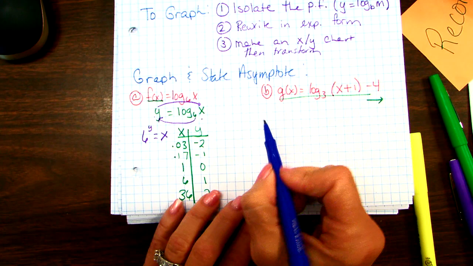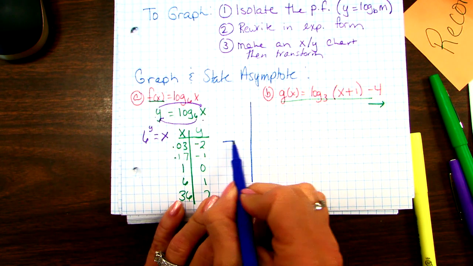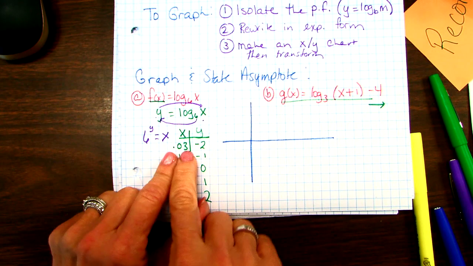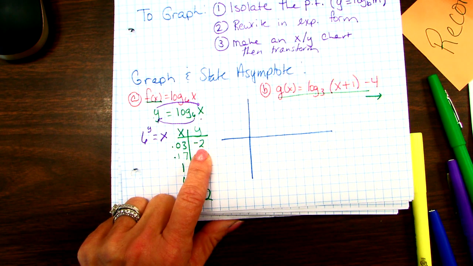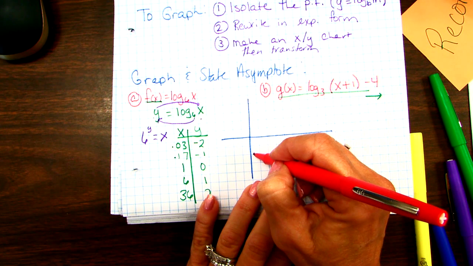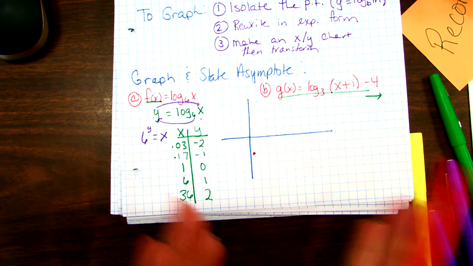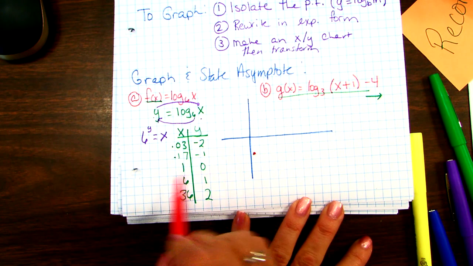Okay, so I'm going to graph it. To the right a teeny tiny bit, down 2. Right, a teeny tiny bit, down 2. And I'm going to go ahead and make these my final points, because I don't have an H or a K, so I'm not going to have to move my points anywhere. Okay, so this is going to be my final graph right here, so I'm not going to use X's.